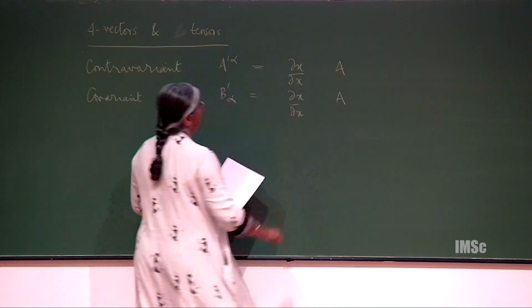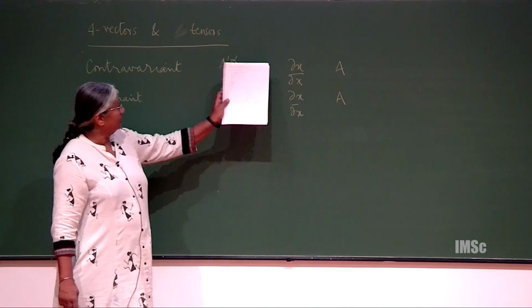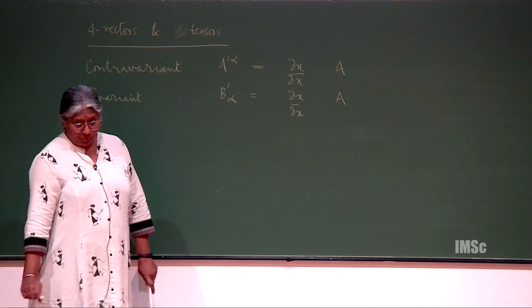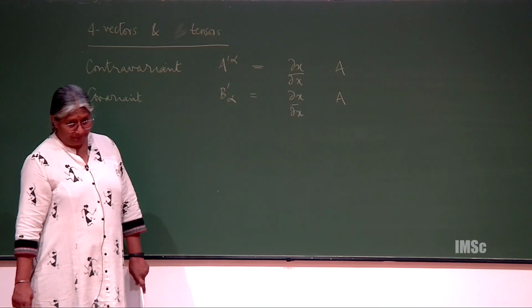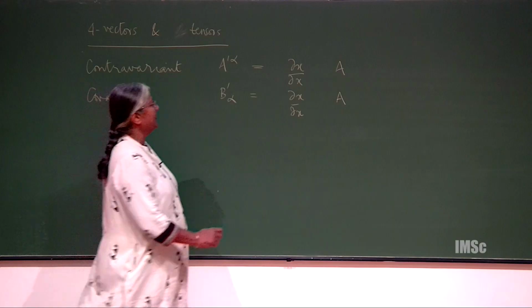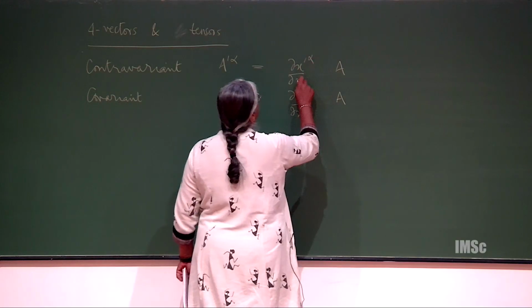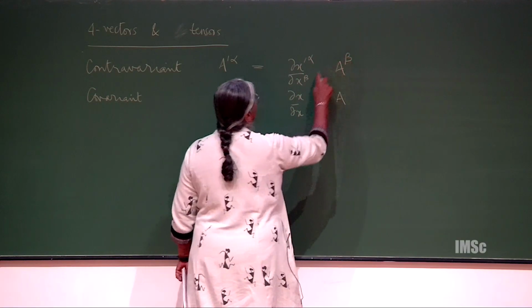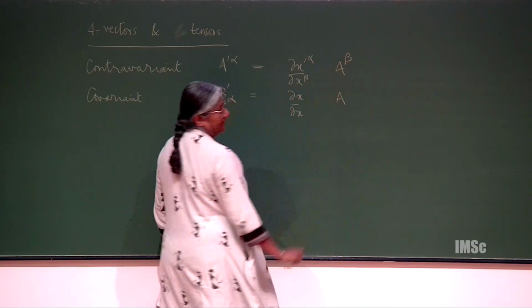Now you have to tell me what is coming where. Let's look at A prime alpha. If it's contravariant, what will be at the top? X prime alpha, very nice. The bottom we'll call beta, so this will also be beta.